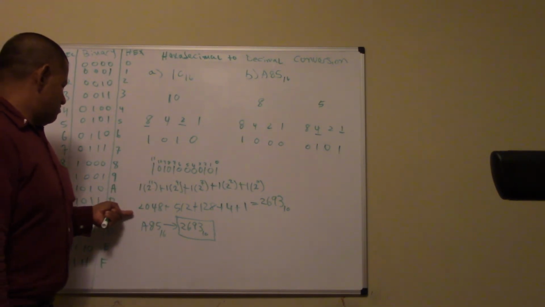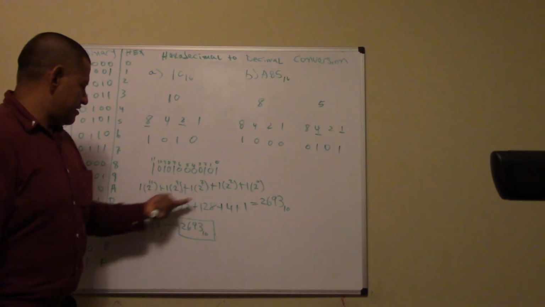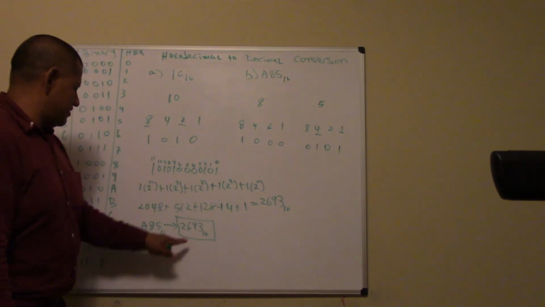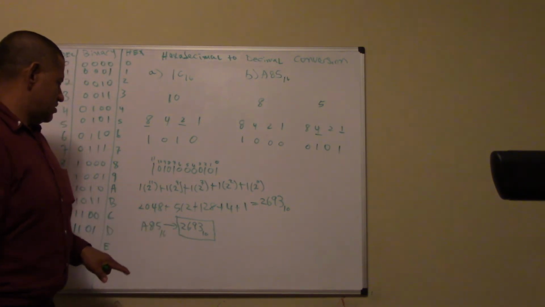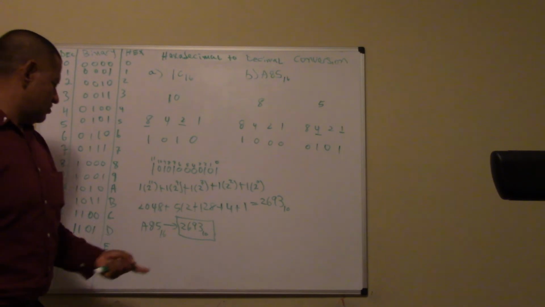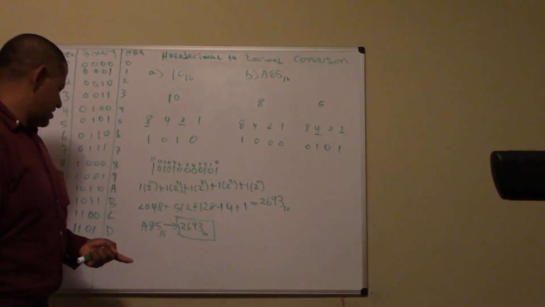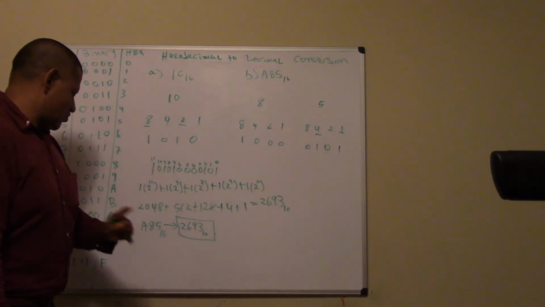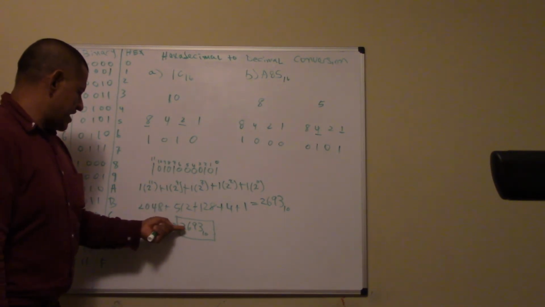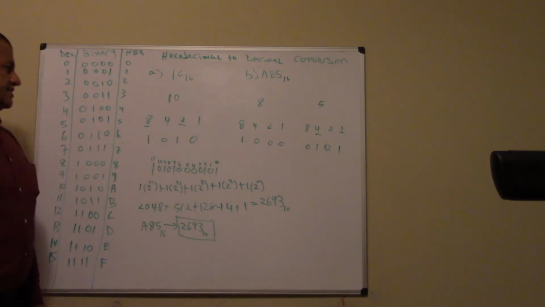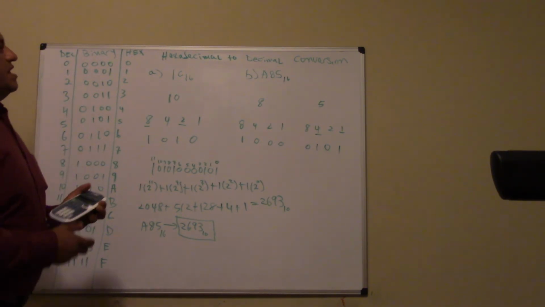And then just do the math, right, to get these numbers, and then add them up, you get the total. You add the whole thing, right, because you're looking for the decimal, you get the total, and then you get the answer, which in this case is 2,693 in base 10, right?